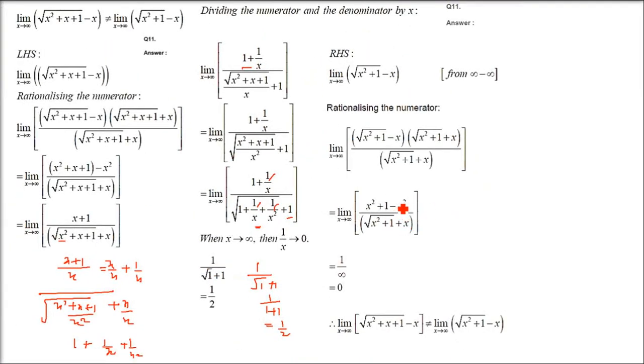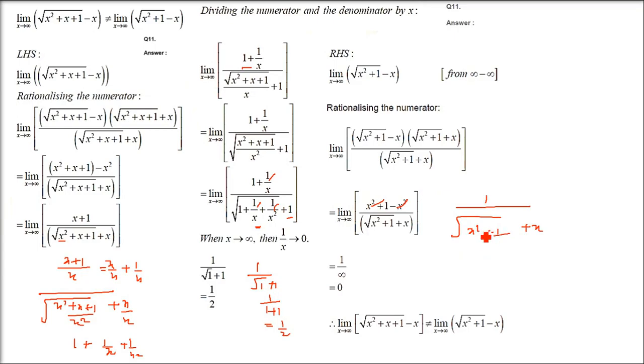Now when you apply x as infinity here, you can either put x as infinity directly, or take x common from under root x square plus 1. That is also possible, but you don't need to, because you can directly apply infinity.